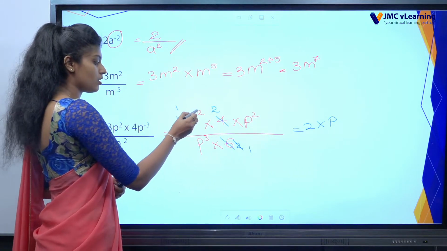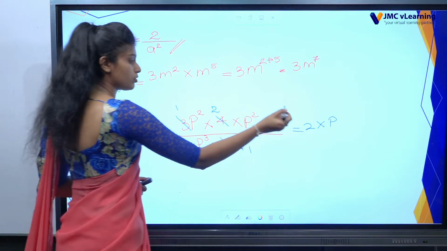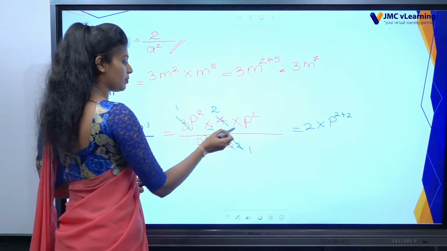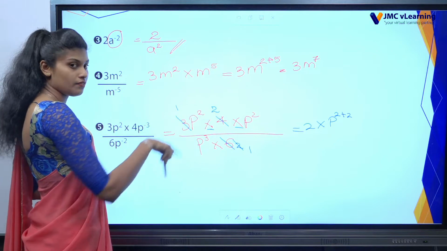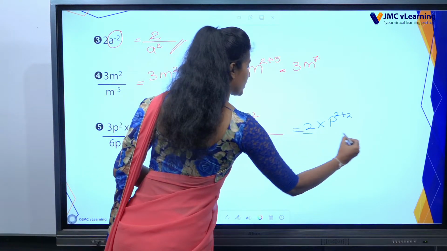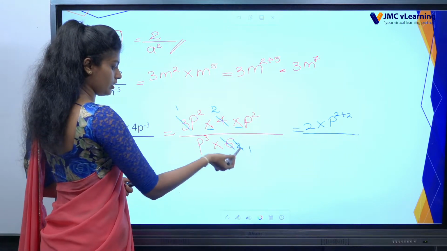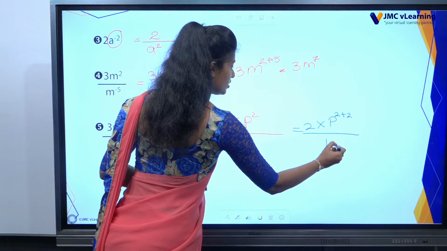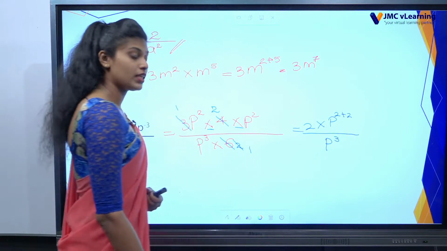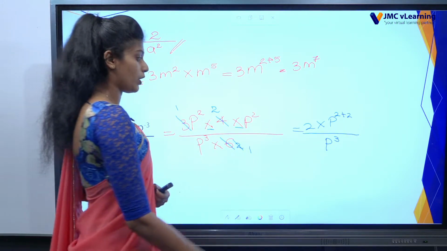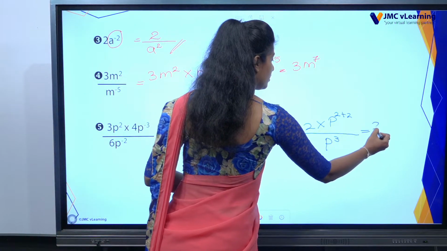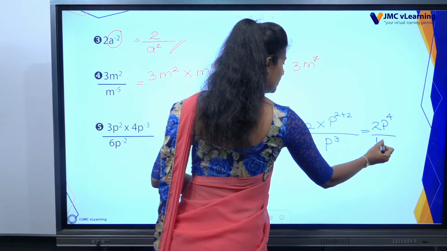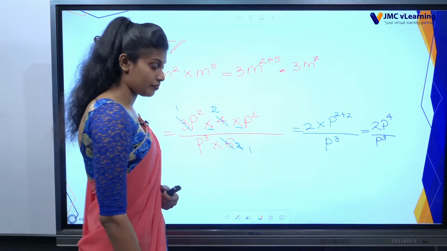What are the powers? Here also 2, here also 2. These two powers you have to add, because here multiplication is there. So that's why we add that index. Then over here there are no other values. Then p to the power 3. Then 2 into, what is the answer? 2 p to the power 4. Here p to the power 3.